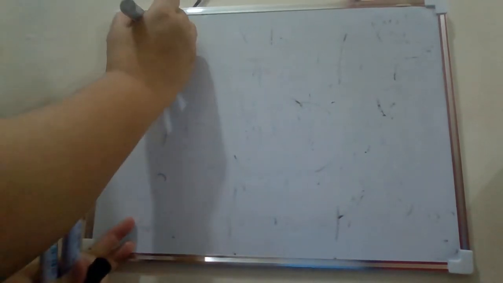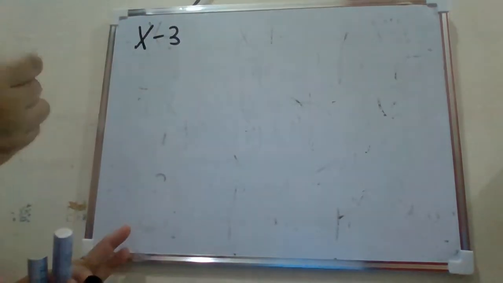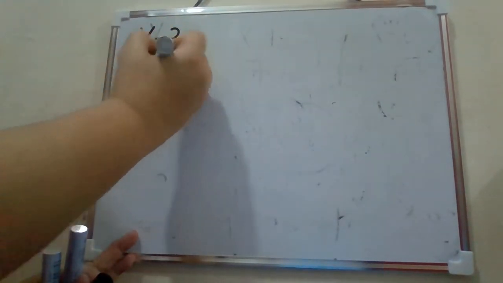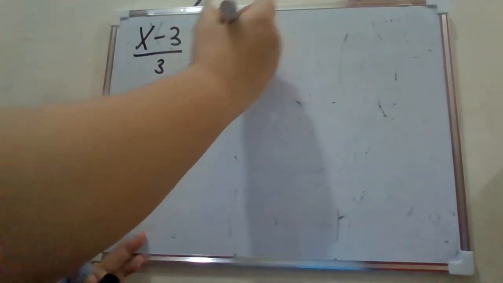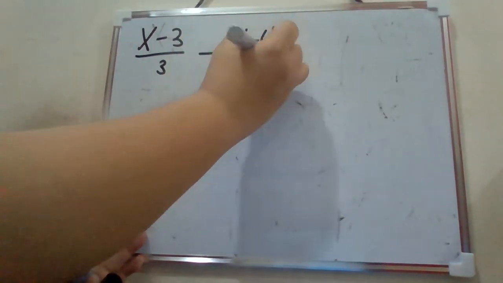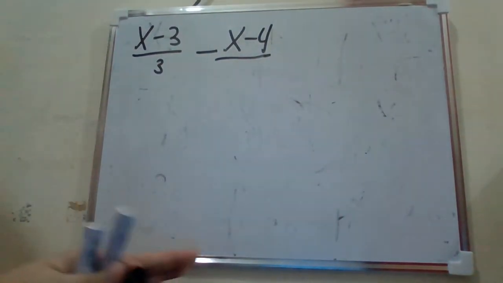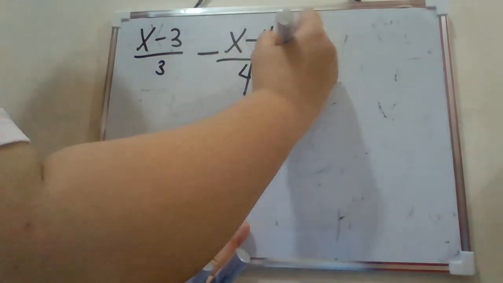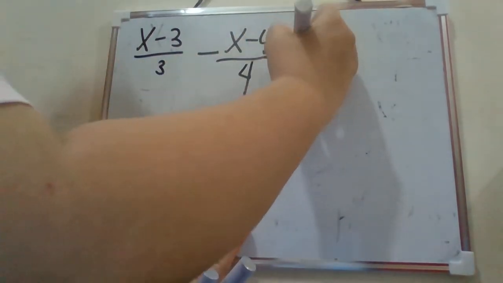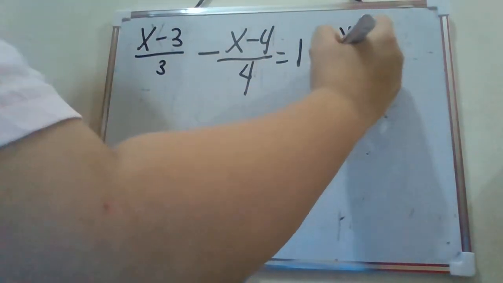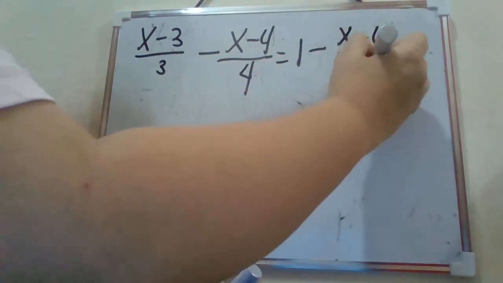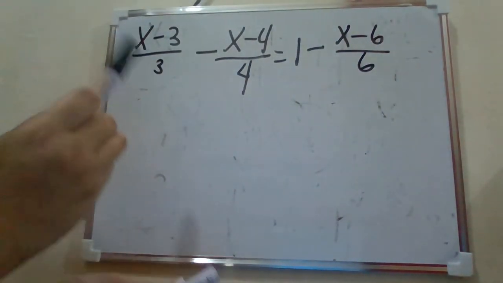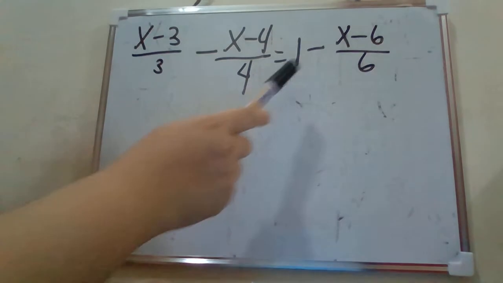So let's have x minus 3 over 3 minus x minus 4 over 4 equals 1 minus x minus 6 over 6. Again, we have fractions here.